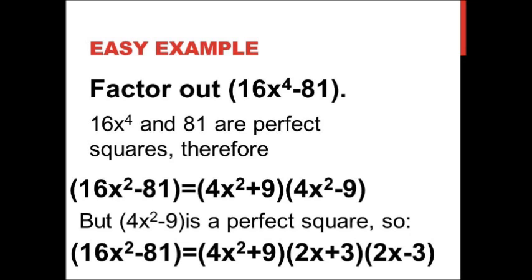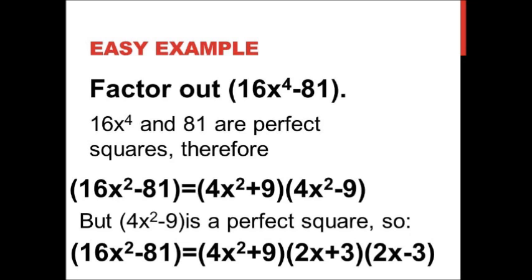So what's the problem? You have your basic factors and you can put it in the form 4x squared, quantity squared, minus 9 squared. So if you apply the difference of two squares formula, it will become the quantity 4x squared plus 9 times the quantity 4x squared minus 9.